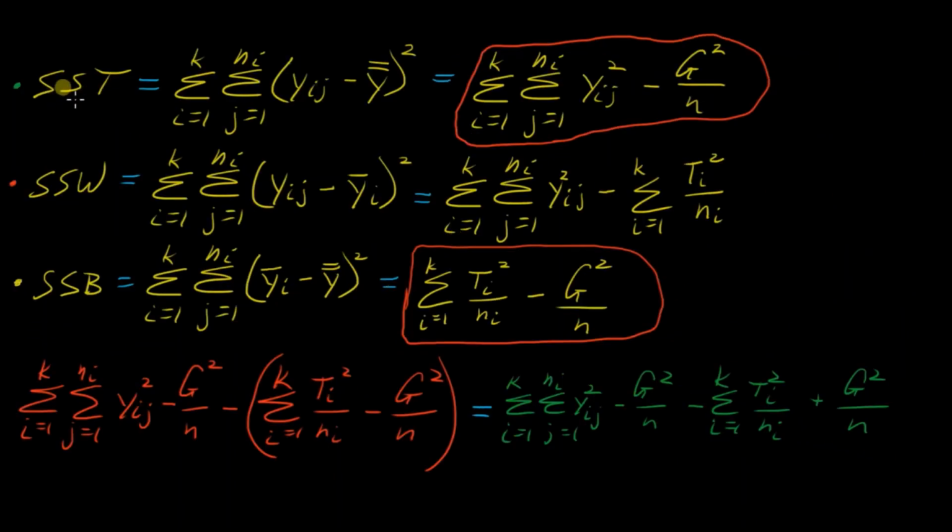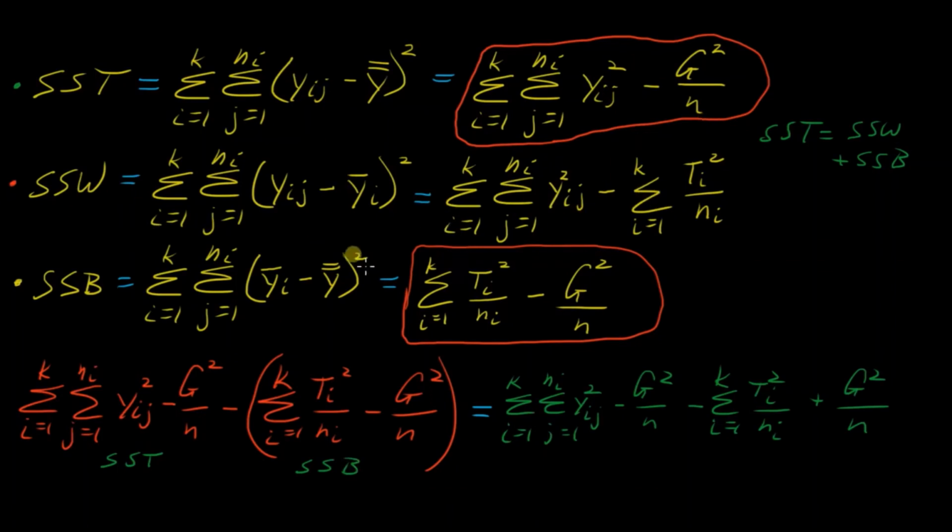Okay, so we've derived the computational formula for SST and SSB. We haven't done this one yet, but it's real easy because we know that SST equals SSW plus SSB. So really all I need to do is just take SST and subtract SSB, and we're going to get SSW.